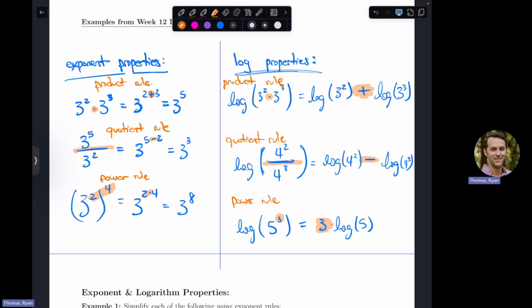Then what happens is I can bring that exponent, that power that's inside the log, down. And when I bring it down, it becomes like a coefficient, right? So it becomes like a number of copies of whatever that power is.